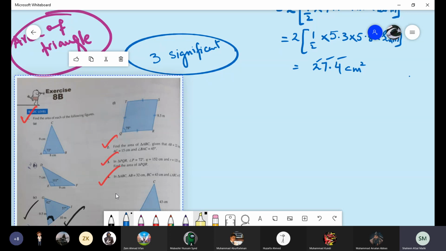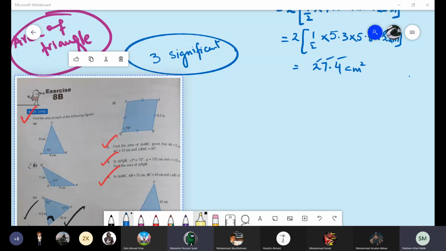If you can see the F part, it's a square. Only one side is labeled. Can you see all the lines are equal? Yes, ma'am, it's a square because they have given 2 lines to represent that the lines are equal.